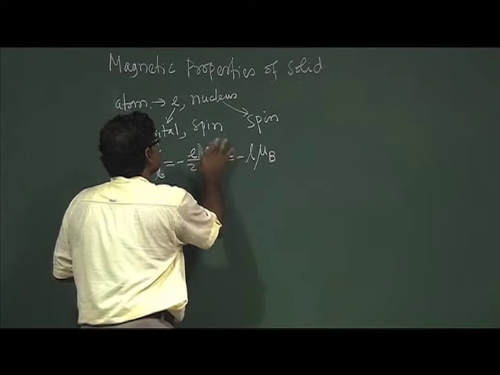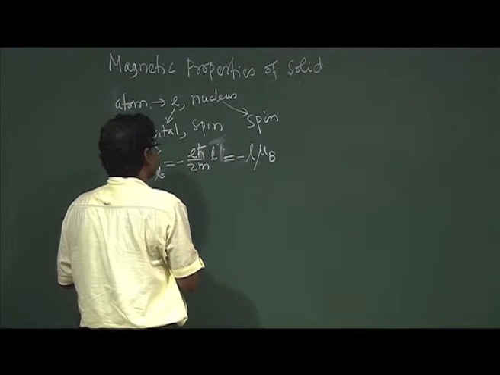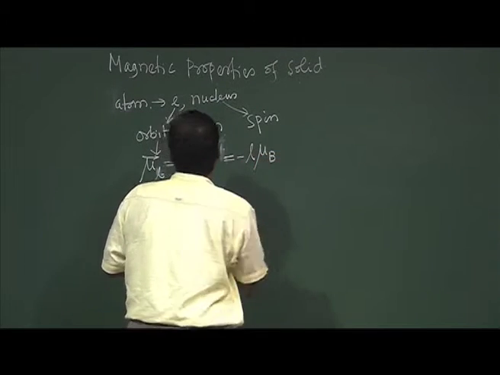So when L is the quantized value l h cross, we get minus l mu B.